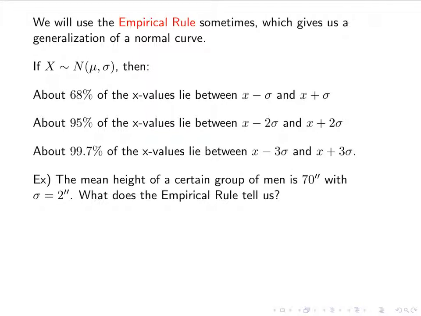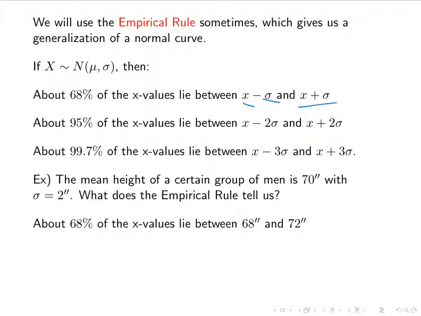So for instance, if the mean height of a certain group of men is 70 inches, with sigma being 2 inches, what does the empirical rule tell us? Well, it tells us that 68% of the values lie between 68 inches and 72 inches. So this is exactly the mean, which is 70, minus sigma, which is 2, so 68, and then 70 plus 2, which is 72 inches.